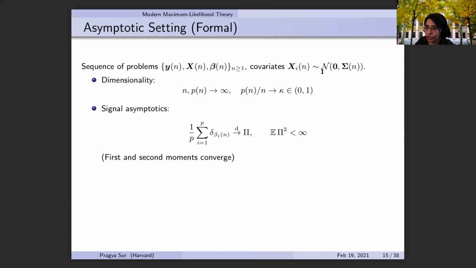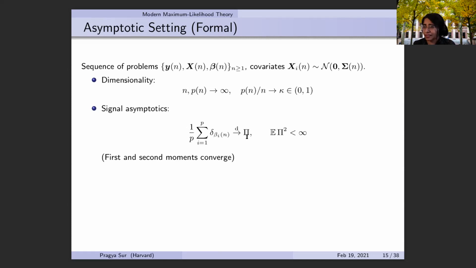I'll have this Gaussianity assumption for the theory, but towards the end I'll show you simulations regarding what other distributions the theory continues to apply to. Regarding the dimensionality, I'll assume that both n and p are diverging, but the ratio converges to a constant. It's important that this stays a positive constant for technical reasons, but we'll empirically see what happens in the limit when this goes to 0.